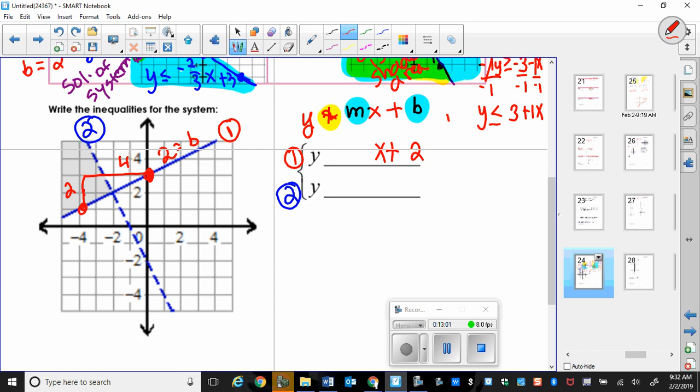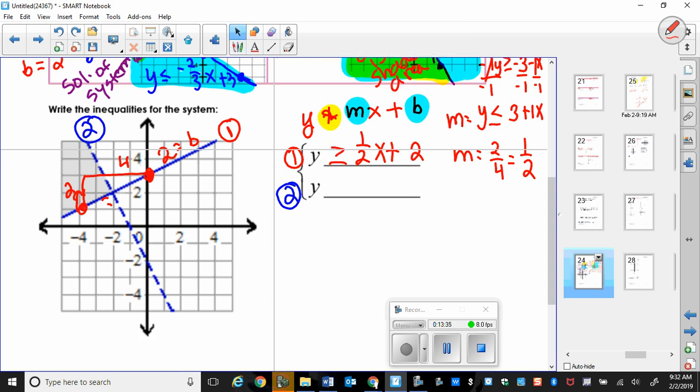So m equals 2 over 4. Simplifying, I have 1 over 2. Now what's my symbol? Am I shading above the line? For the solid line, it's shaded above, and it's solid, so it's equal to, and it's greater than. Y is greater than or equal to.